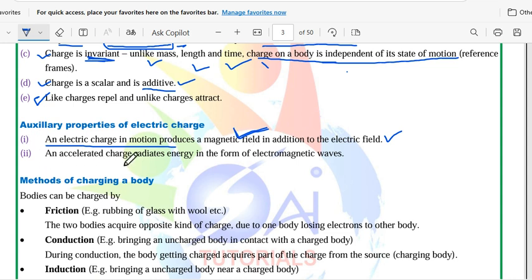Now, an accelerated charge radiates energy in the form of electromagnetic waves. You have heard the term accelerated somewhere else, right?